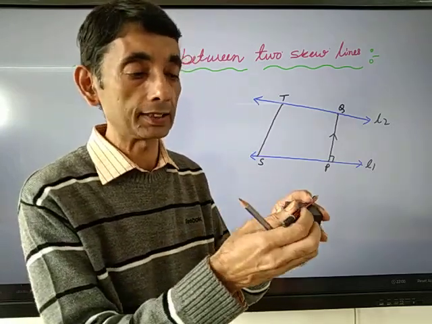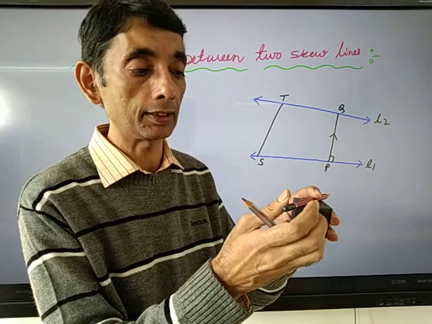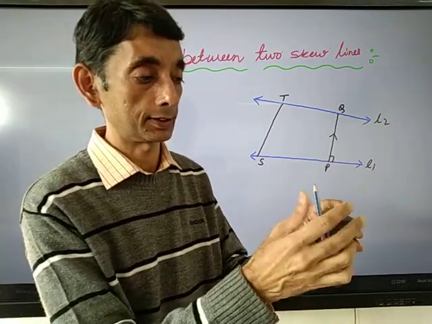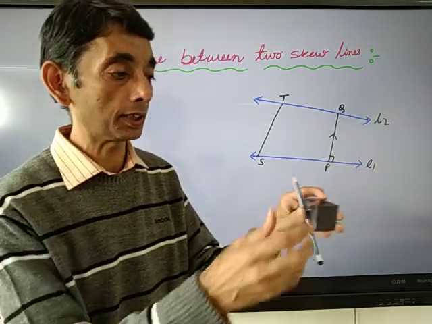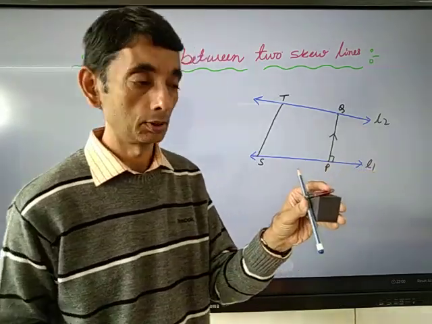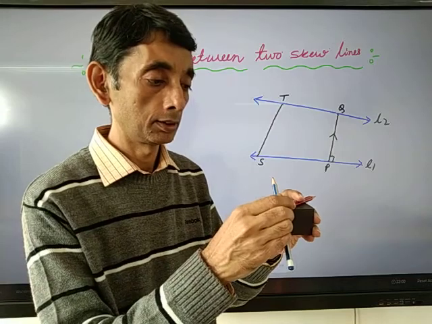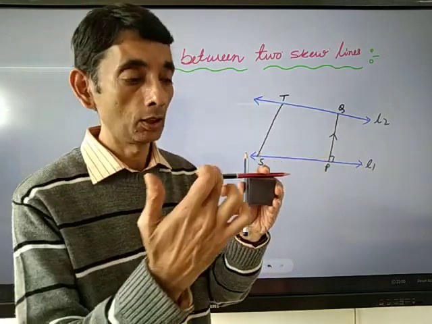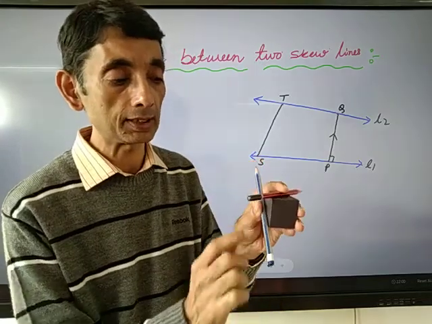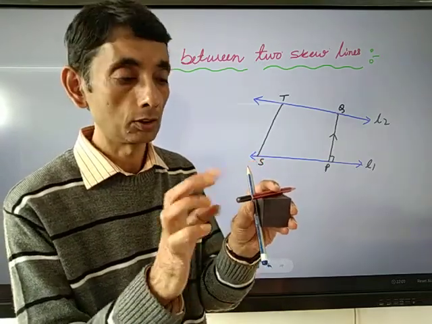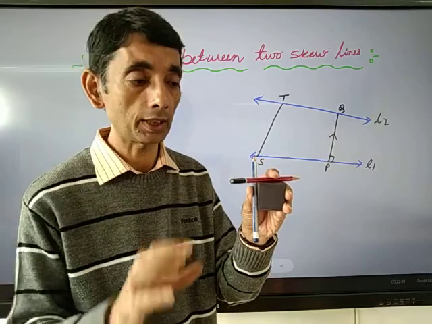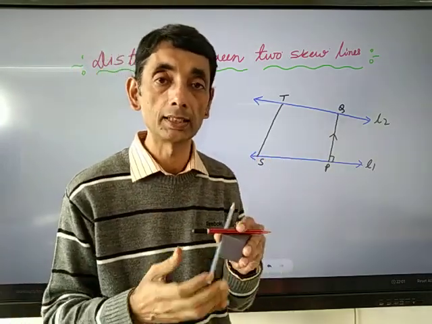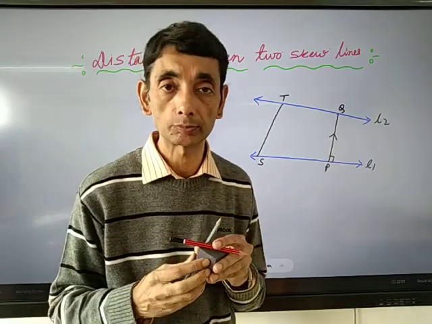I think this way it will be easy for me to show the two skew lines. One line is lying on this surface and one is lying on this particular plane, but they are non-coplanar and non-intersecting. Such lines are said to be skew lines.